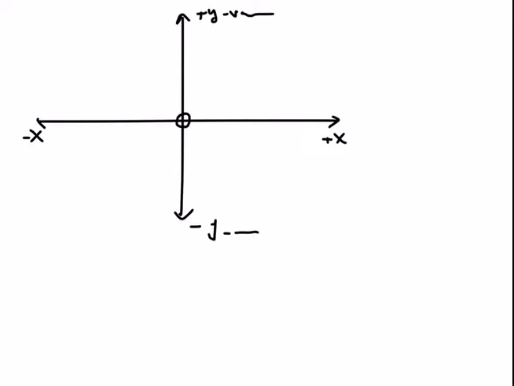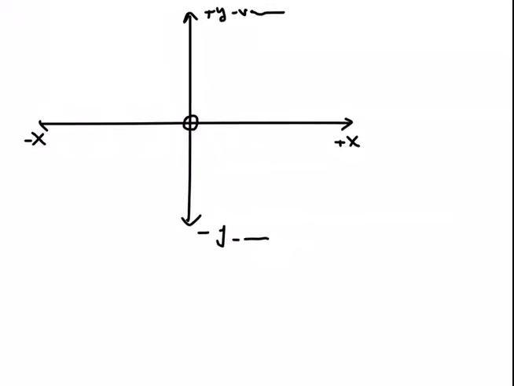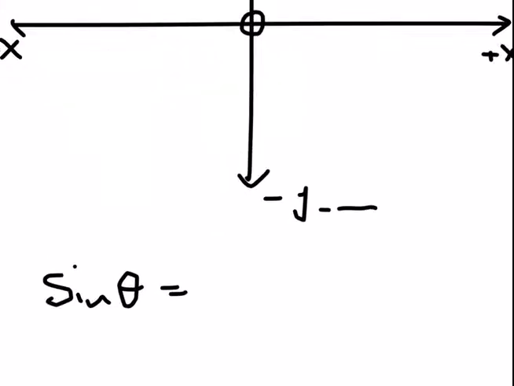I just want us to try and figure out in which quadrant we are having positive trig ratios. So this is how you figure it out. Sine of an angle is equal to y over r.